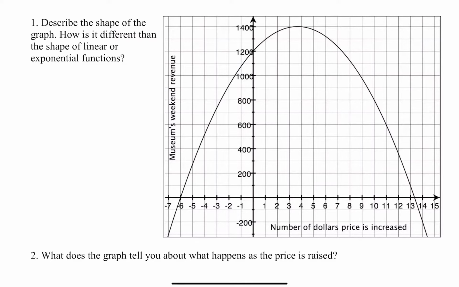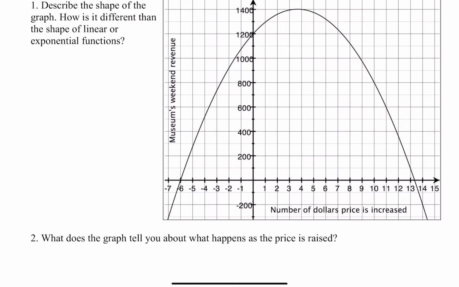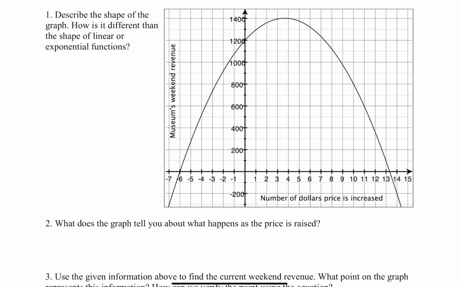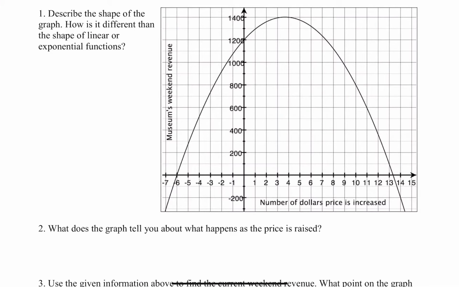Number 2. What does the graph tell you about what happens as the price is raised? Well, here at 0, this represents $6 admission cost. And if we raise the price $1, it looks like the revenue will go up. And the revenue keeps going up until you get to about here.